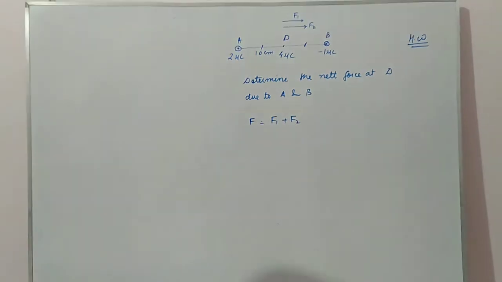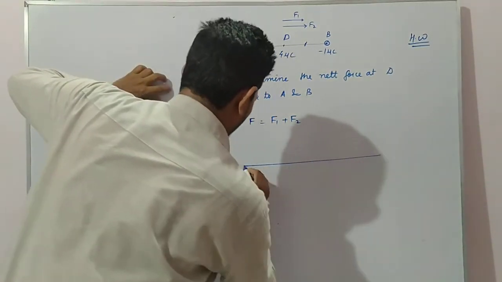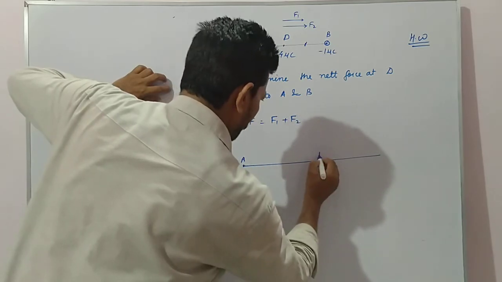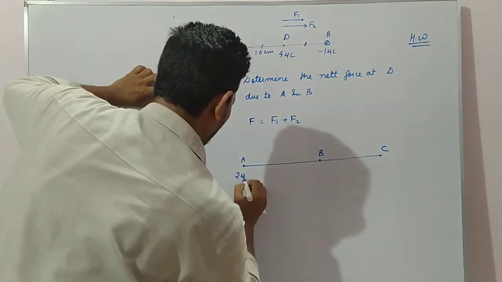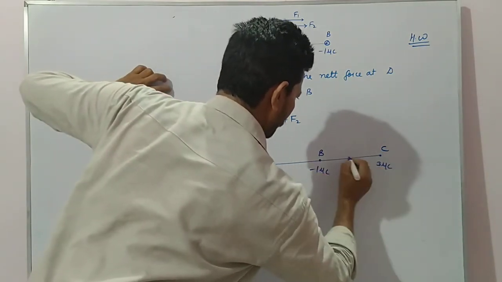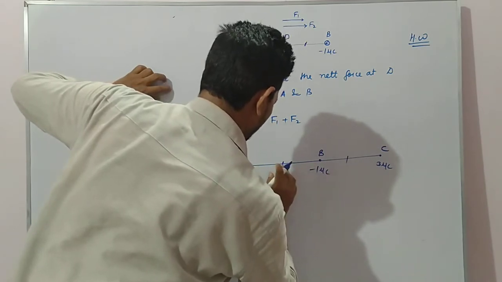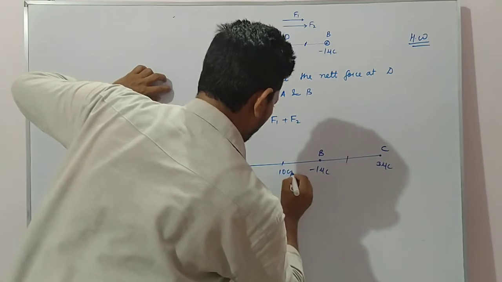Next, here, this is A, B, one more charge, I am keeping it here, C. 2 microcoulomb, minus 1 microcoulomb, this is 3 microcoulomb. This distance, take it as 10 centimeter only.